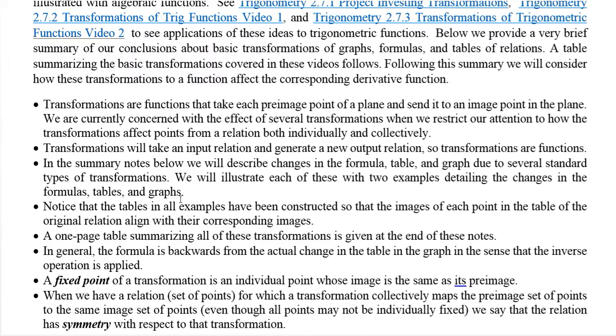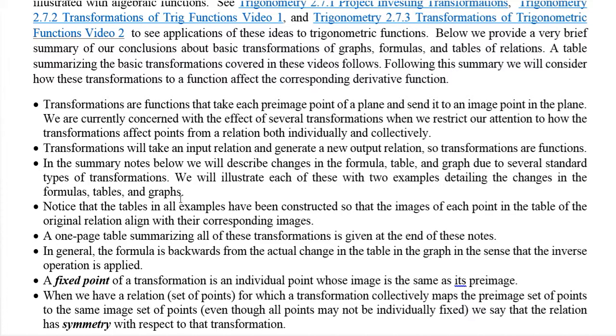After this series of videos, there will be a summary video, and then some videos showing how these things work when we translate. For example, if we translate a function, what happens to the derivative of that? How do the two derivatives compare, and so forth? We'll see how some of these transformations affect the derivatives.